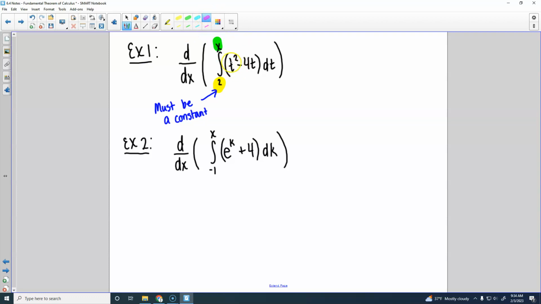But what cannot happen is these variables right here cannot match. Okay? So right here, this variable and whatever variable you're integrating with respect to cannot be the same variable.